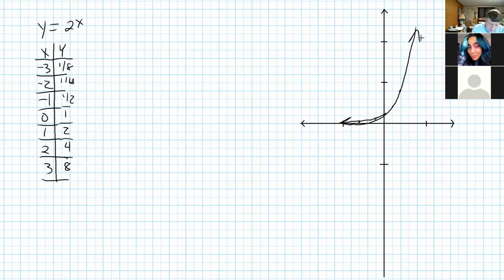Now, what if I graphed y equals 2 to the x plus 4? So I added a constant. Think back to the quadratic or second degree equations. If I had y equals x squared, and then I had y equals x squared plus 4, didn't that move the graph up 4 units?